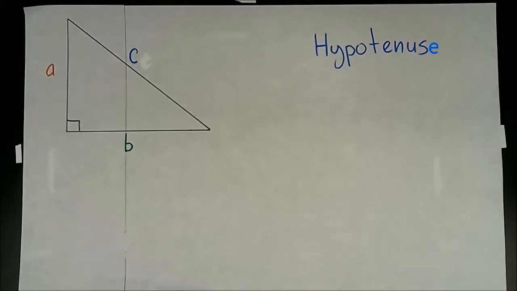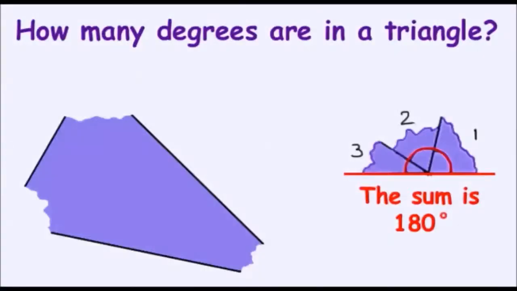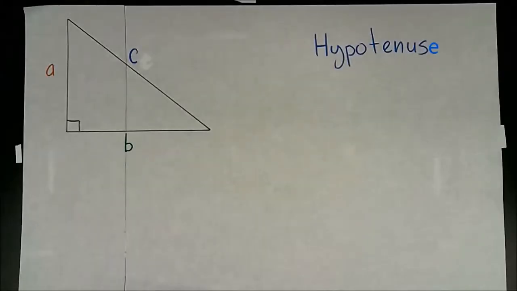Now, does anyone know what the sum of all the angles add up to in a triangle? If you said 180 degrees, you're also absolutely correct. So here I have drawn you a pretty generic right triangle, and we specify the right angle, the 90-degree angle, with this little square.